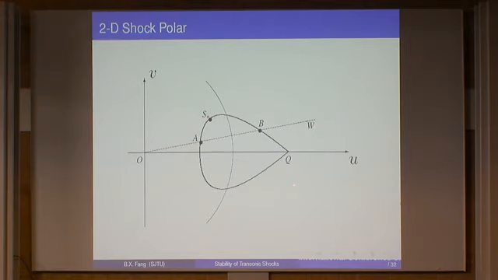And for this shock polar, for Euler equations it is described in Courant and Friedrichs, Supersonic Flow and Shock Waves. And for these potential equations, I found this loop in a paper by Kiefitz and Warnick, in 1990.